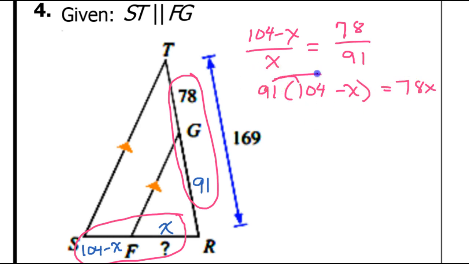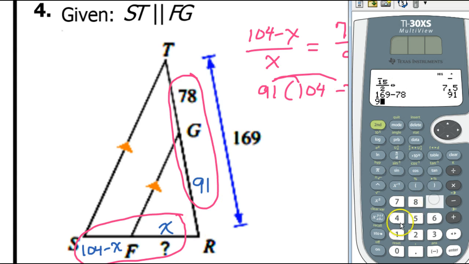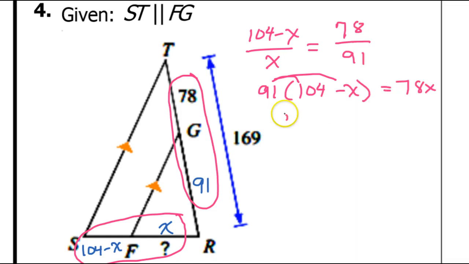So now I need to do the distributive property. So 91 times 104 is 9,464, minus 91x is equal to 78x.